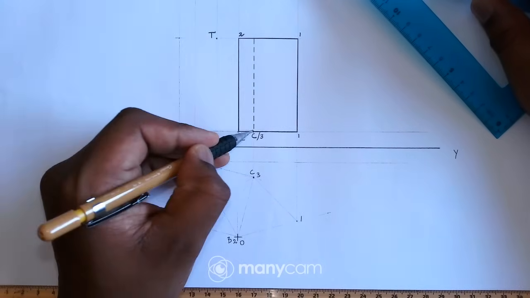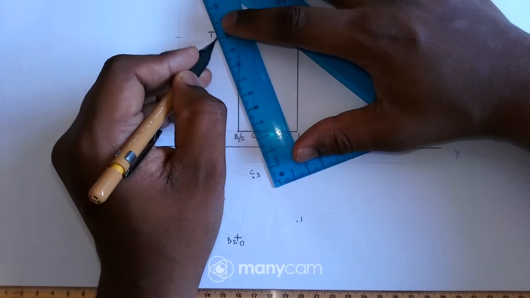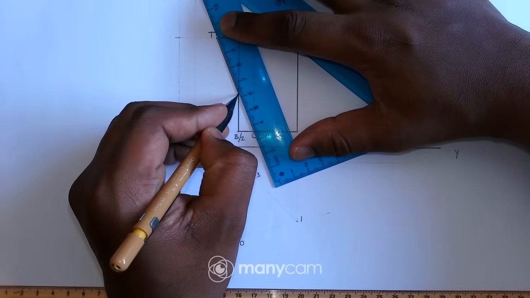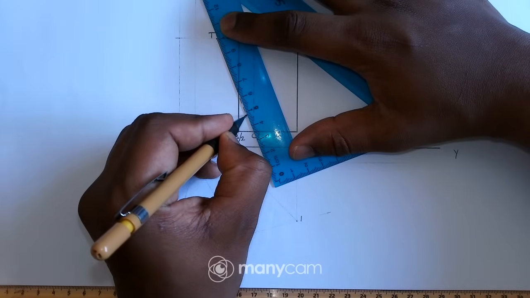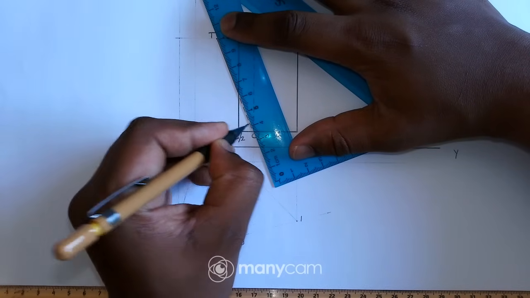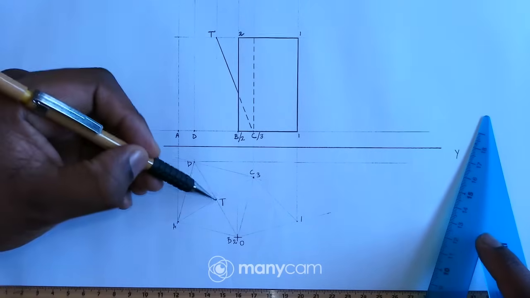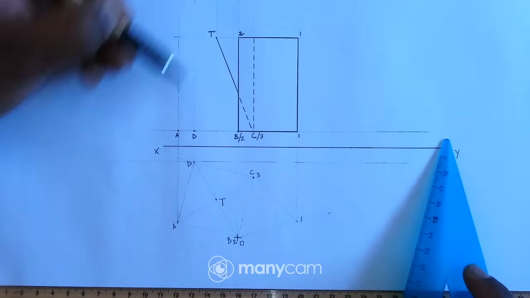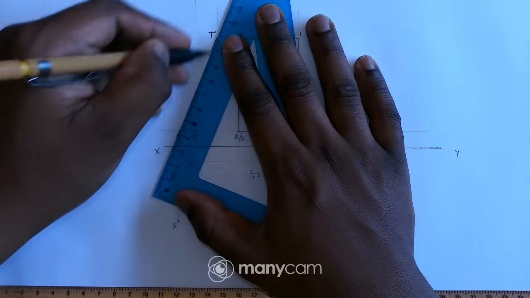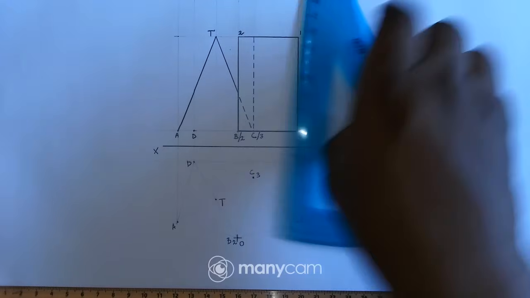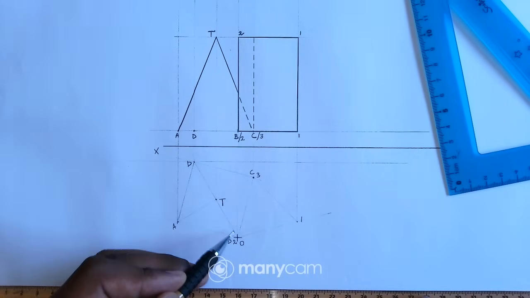So from T to C, obviously I'll have a line, so a line from T to this edge of the prism, and then this part will be hidden, so I'll just add some hidden detail lines just like that. And then we have TA.